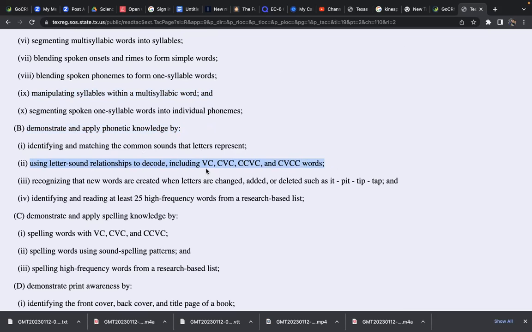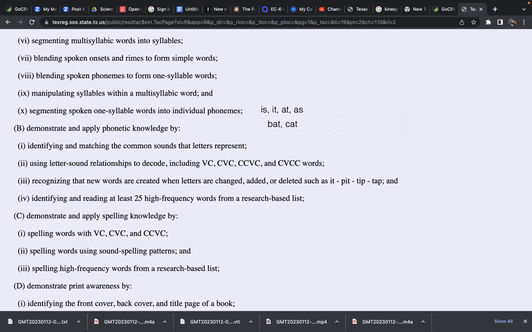This is how it starts. The vowel consonant, and then moving on to consonant, vowel, consonant. So vowel consonant is like is, it, at, right? As. Then we have consonant, vowel, consonant.